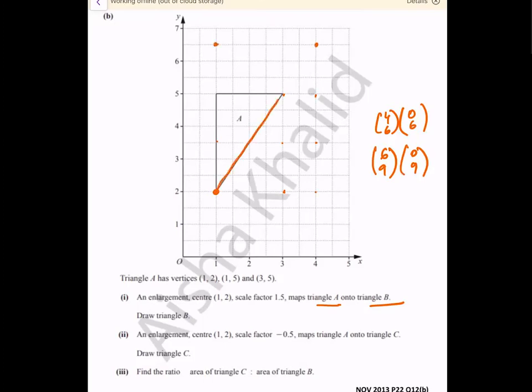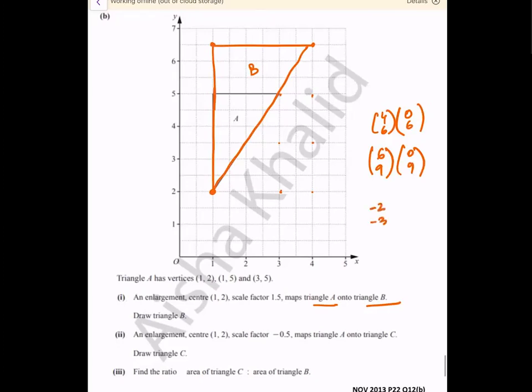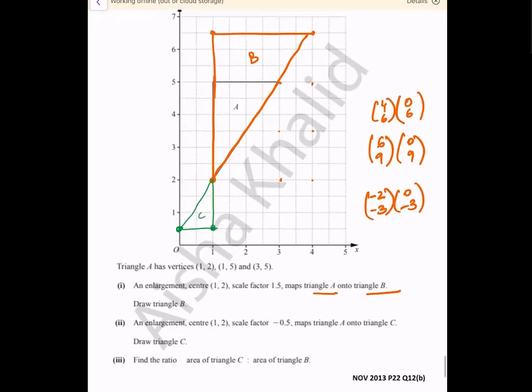So this is your A part. This is your triangle B. Enlargement with scale factor minus 0.5 would mean minus 2, minus 3, and 0, minus 3, minus 2, minus 3. So I'm counting the number of boxes. I'm not looking at the coordinates. So you also do the same, okay?